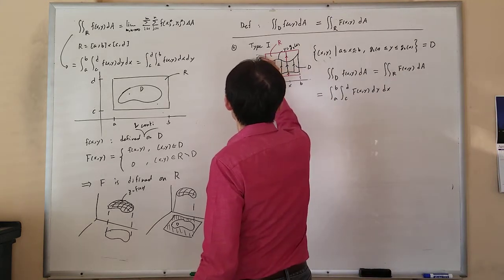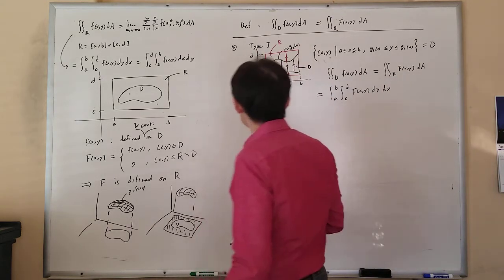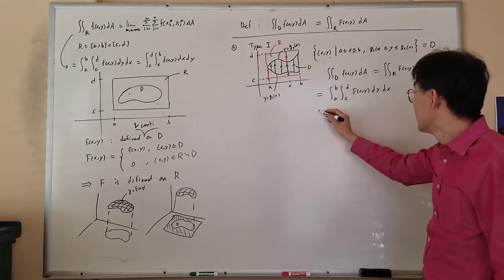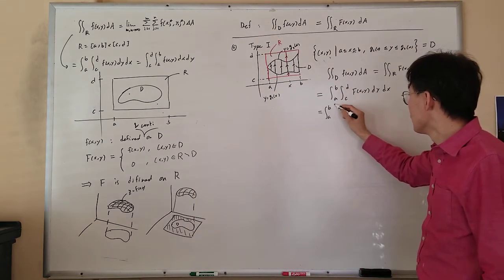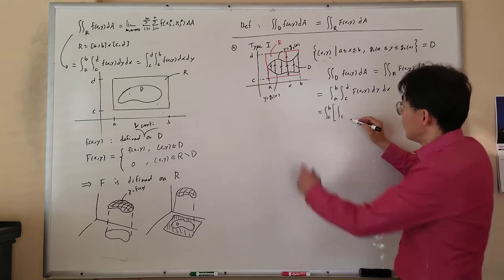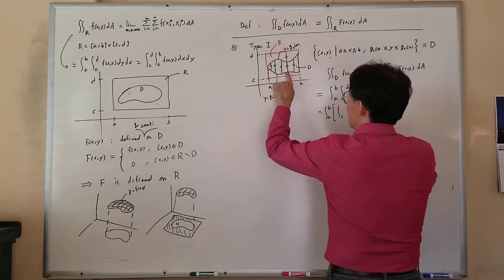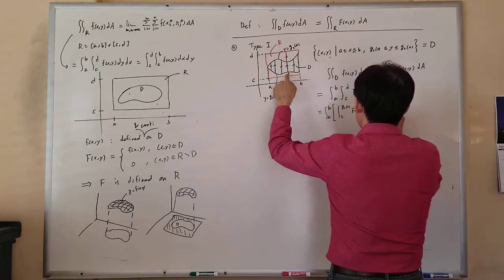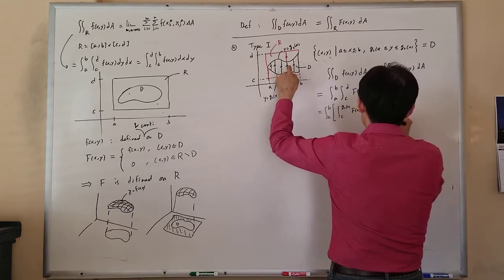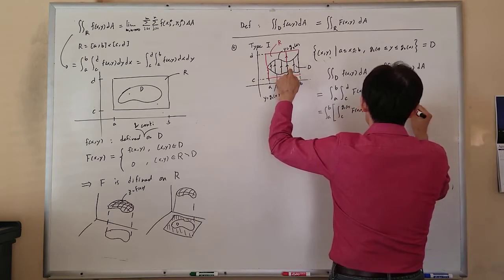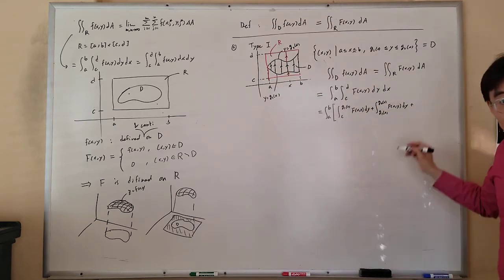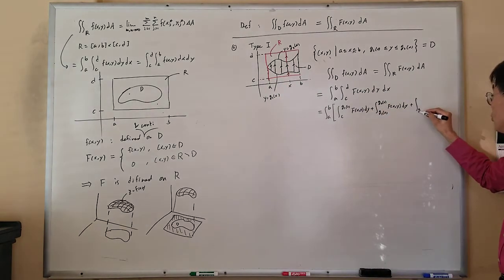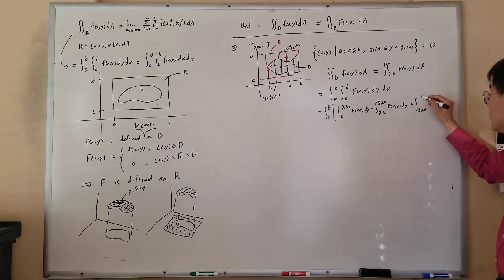This is c, this is d. Look at this. I can split the inside integral: y runs from c to g1 of x, then from g1 of x to g2 of x, and then from g2 of x to d.